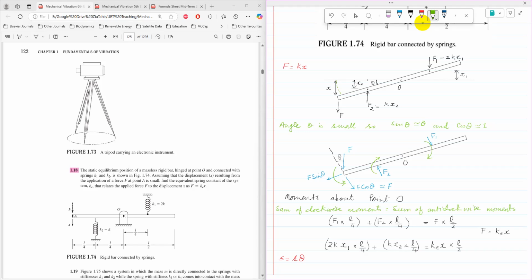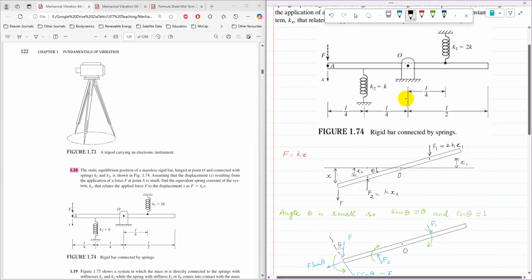So the cosine component will be equal to the same r theta. Using that expression, x1 will become equal to L by 2 into theta, x2 will become L by 4 into theta, and x will become L by 2 into theta.